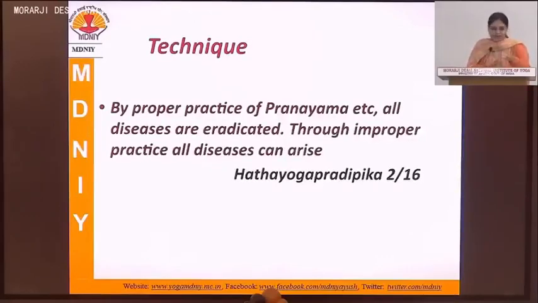Kshaya means destroyed. By practicing in an improper way, many diseases can arise. So one should be very careful and practice under the supervision of a guru, because if any of the pranas get disturbed, this can lead to a lot of problems.